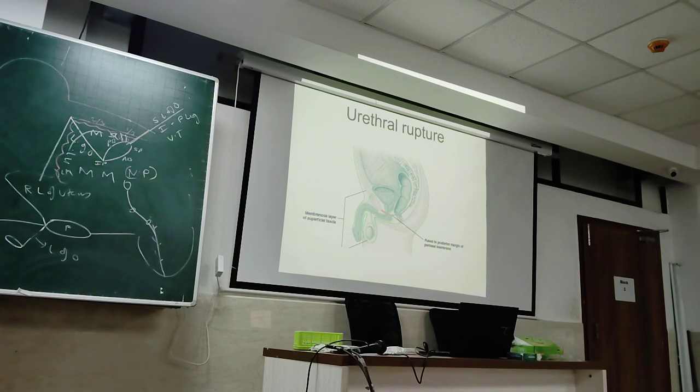Then urine tries to enter the penis but can't enter much because of the unyielding Buck's fascia. But it is free to enter the anterior abdominal wall because Scarpa is not attached to the pubic symphysis. Once it enters the anterior abdominal wall, it can go up or down. Down it goes into the thigh, 1 inch below the inguinal ligament, till Holden's line.